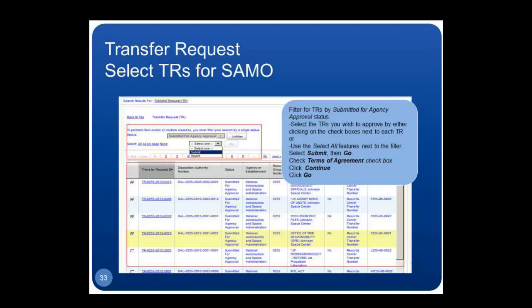So if you have transfer requests in the 2016 load that we just did on the 1st of October, those need to be proposed to NARA archival units by the 1st of December.